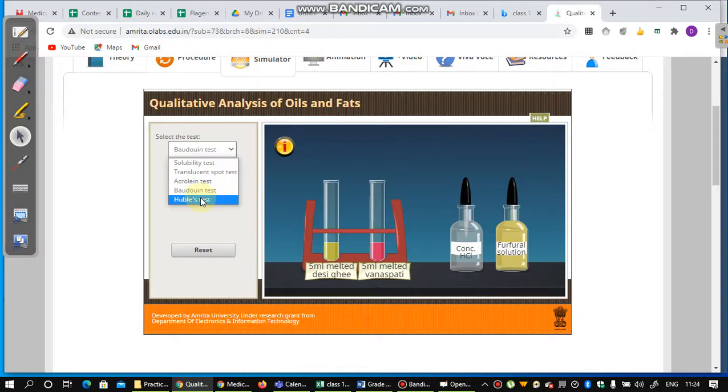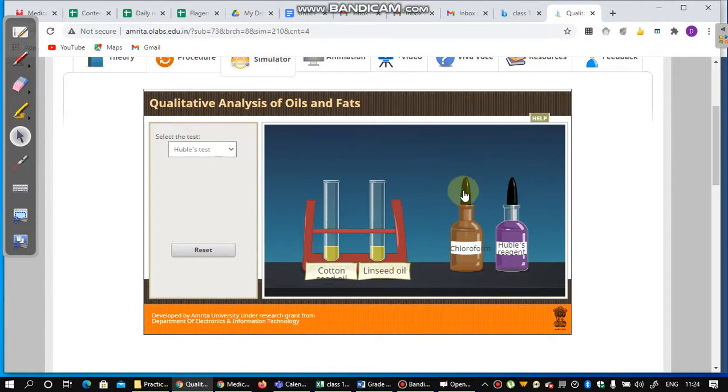The last test in the case of oils and fats is the Hubl's test. In the case of the Hubl's test, we have taken two samples. One sample is this cotton seed oil, another is a linseed oil. We take chloroform, put a few drops of chloroform, then we take the Hubl's reagent.